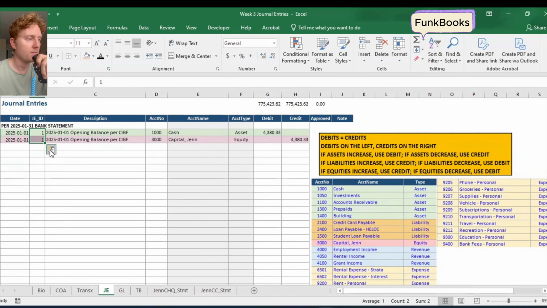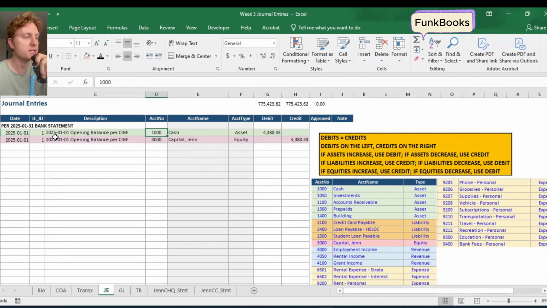A description. Description is pretty important because this helps your future self, or the future accountant, or whoever is looking at this in the future, determine what this was actually for, right? So it's good to have good notes so you can have an idea of what that is. Account number, right? So this happens when you decide which account to use.